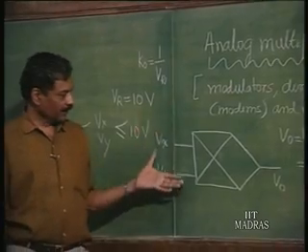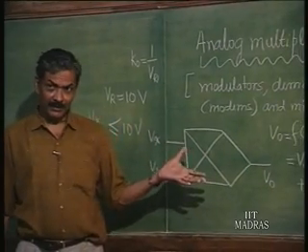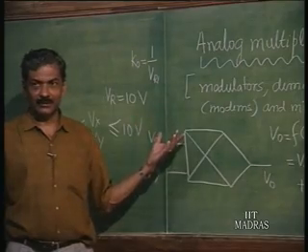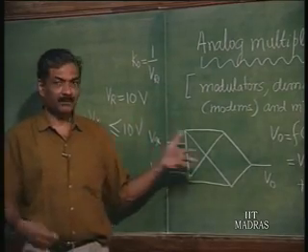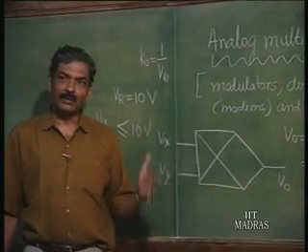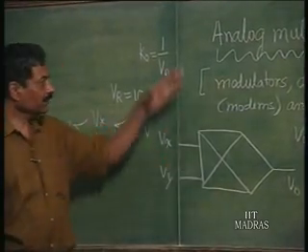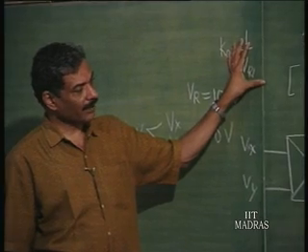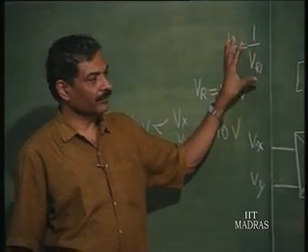So, that means, this multiplier is compatible with another multiplier which is having the same dynamic range, right. So, we can couple these multipliers without any difficulty and have no problem about dynamic range of such things. That is why this has been standardized. So, in an IC multiplier, therefore, Vr is 10 volts.